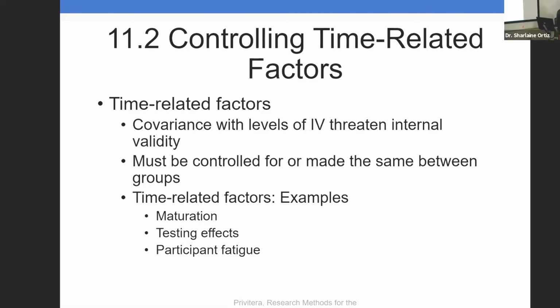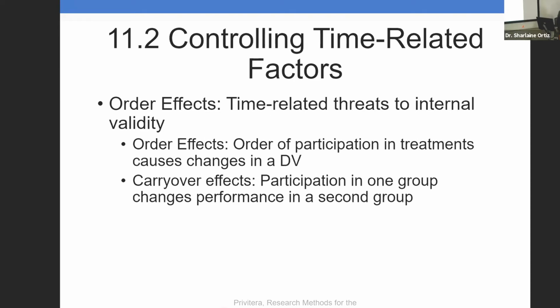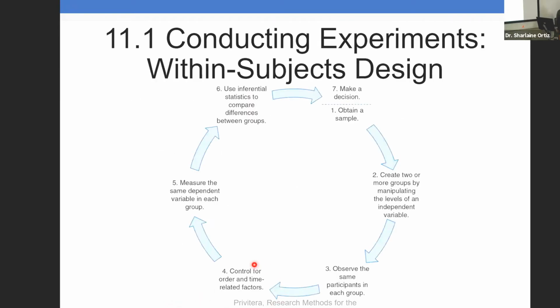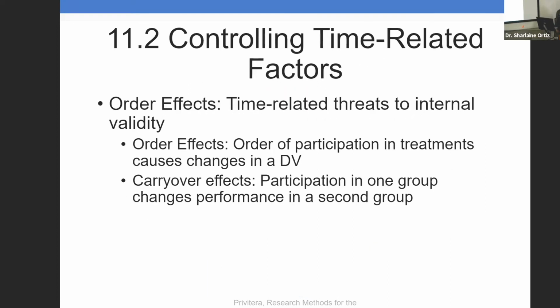Fantastic. Good deal. Now, as I mentioned earlier, another factor that we have to control is not just the time-related factors, but also the order factors. That's also an aspect that will affect my within subjects design in my step 4. So we just talked about time-related factors. Let's talk a little bit more about order effects.